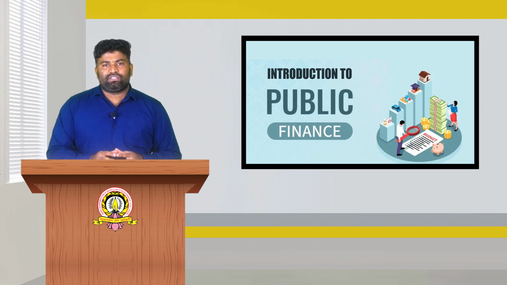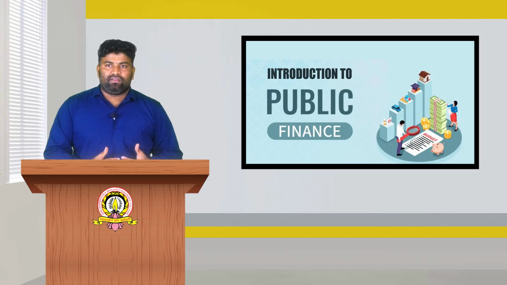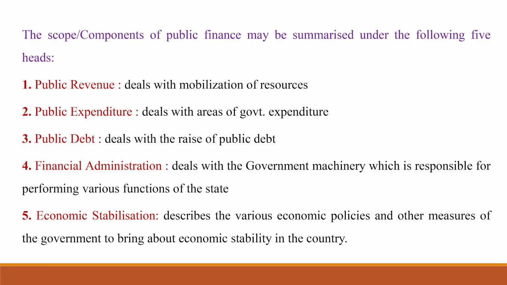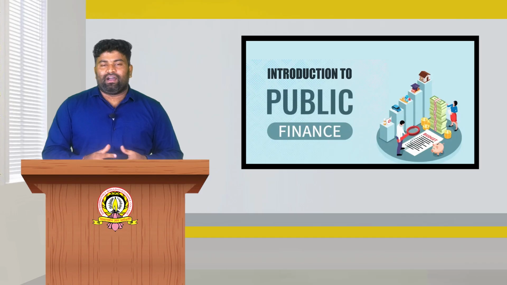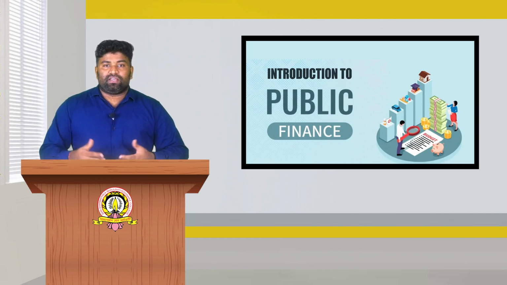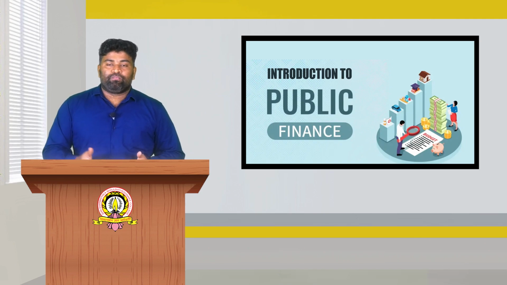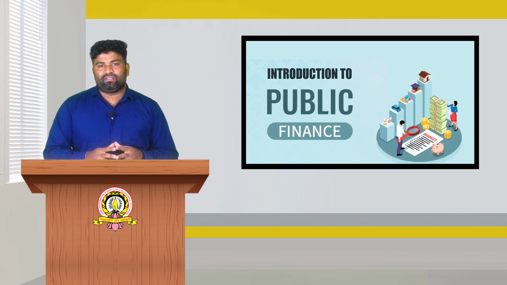So, the first point is public revenue. Under this subject matter, what does public finance study? As I have given in the slide itself, this concept deals with mobilization of resources. How best the government mobilizes its resources from different sources, tax sources, non-tax sources, or any other source if there is any. The second is public expenditure.